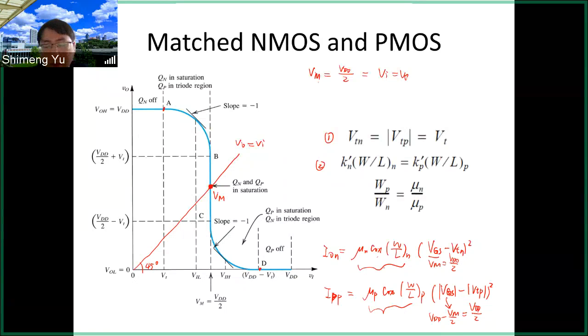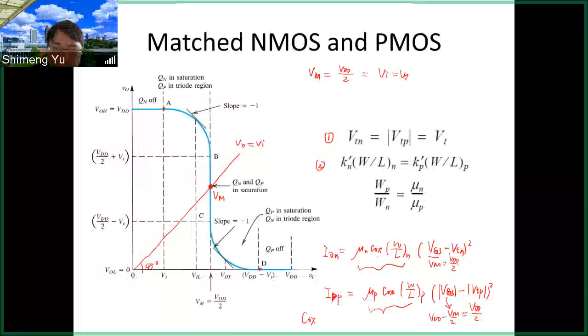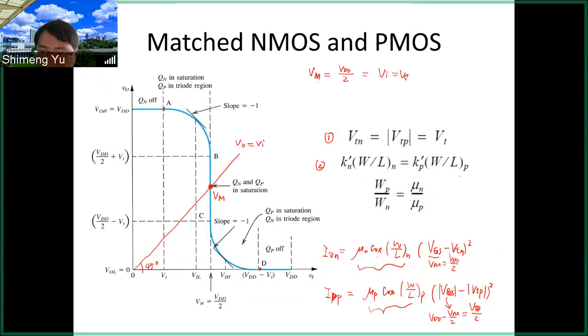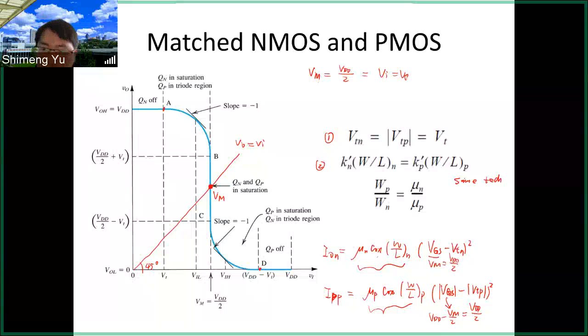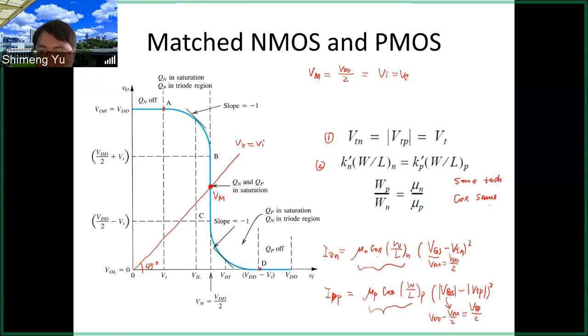COX is the same for the same technology node. Then the COX is always the same. COX the same, so then you will have this condition. And also for the same technology node, same tech, the COX the same, and also the L is the same.